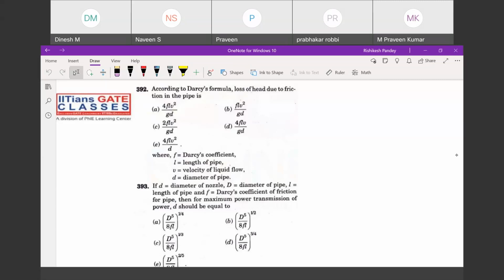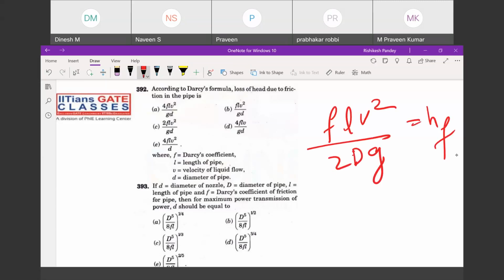Yes, it should be this one, but I think there is some misprint. It is f L V square by 2dg. The answer will be this only, but just make a note here: it will be 2dg.